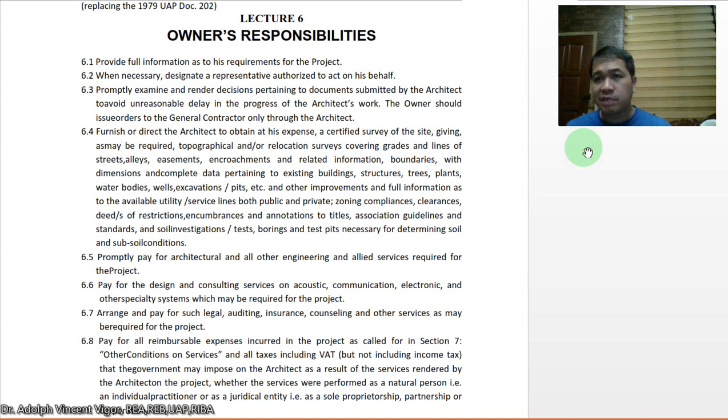So it's the responsibility of the owner to pay your fees and also the fees of the allied services that are required for the project. Okay, so you make the client understand plus that doing a construction project is a very costly endeavor because you need to hire the right professionals.